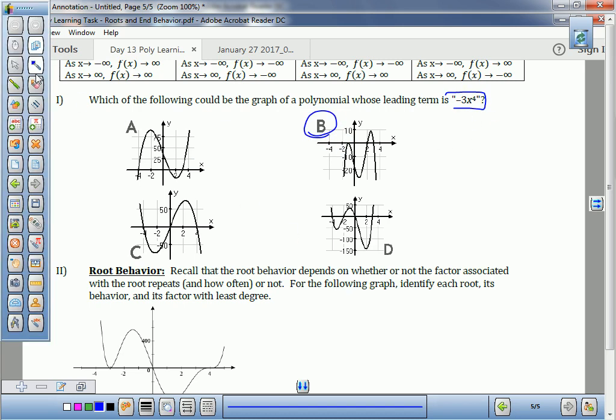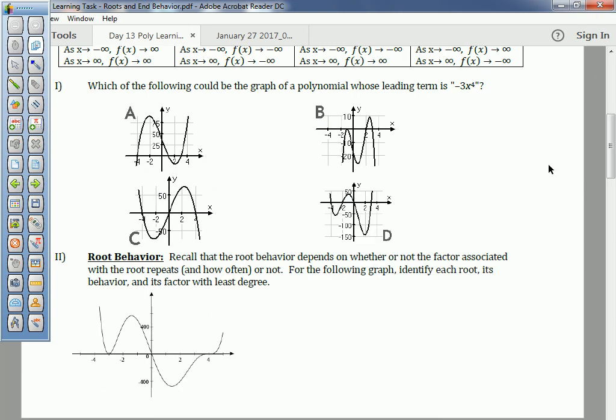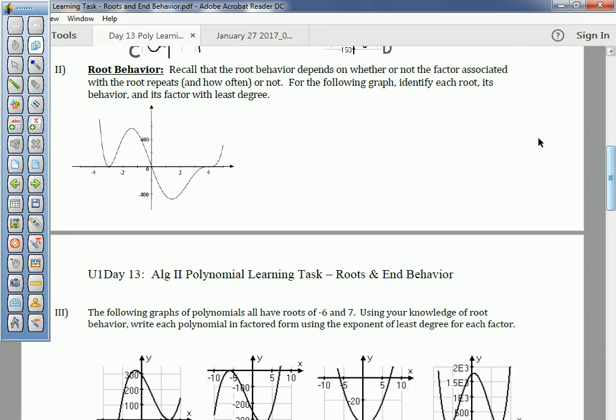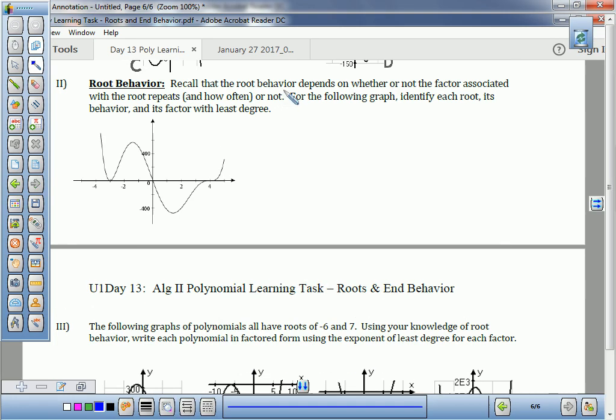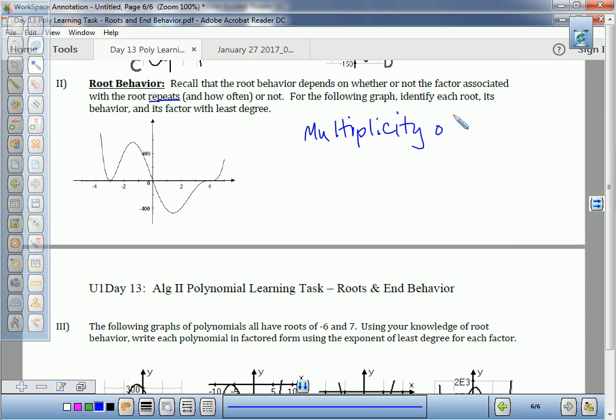B. All right, now let's take a look at root behavior. So when we look at root behavior, it depends on whether the factor associated with the root repeats. We really call this multiplicity. I did not use this word yesterday, but it's multiplicity of the root.